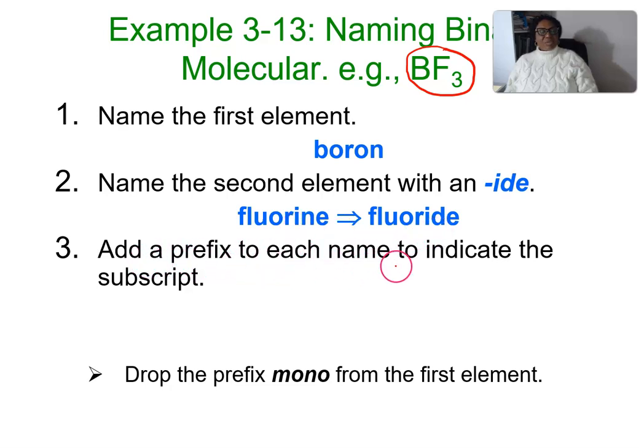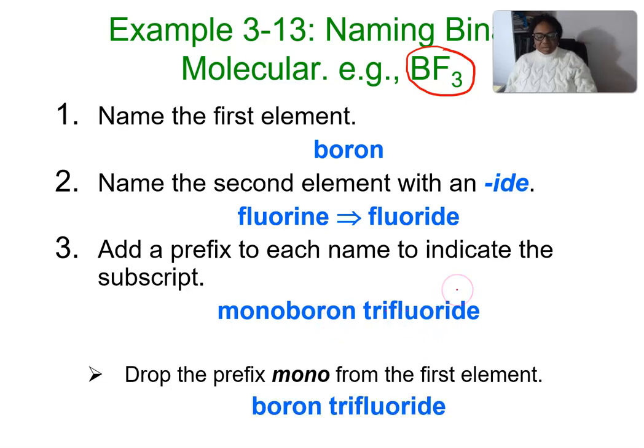Add a prefix to each name to indicate the subscripts. Mono boron trifluoride. Then drop the mono for the first element, drop it. So this is the name of the compound.